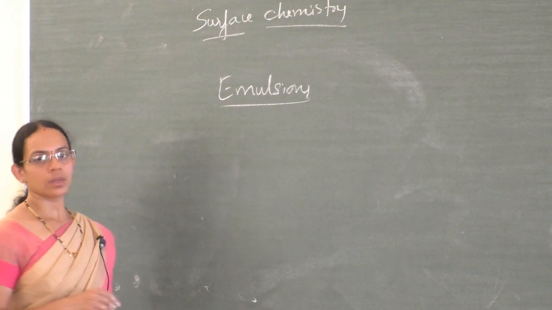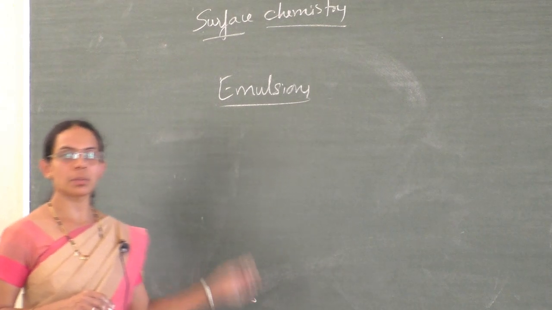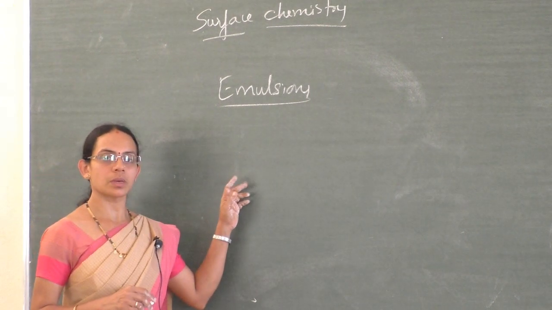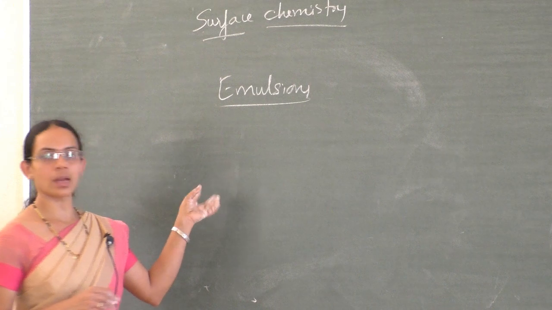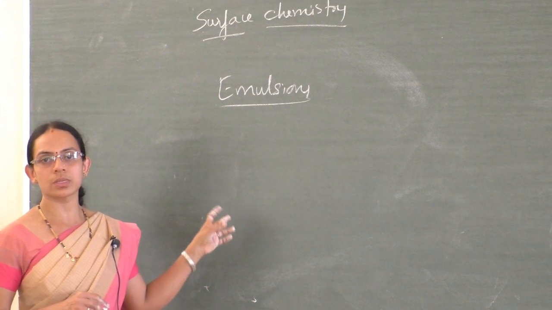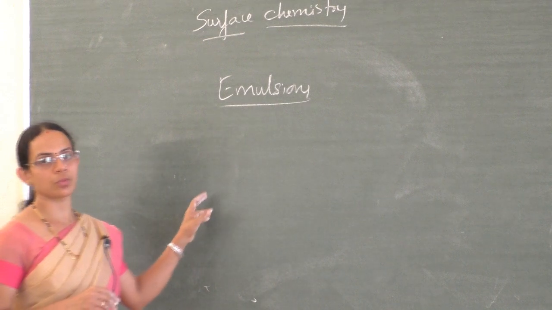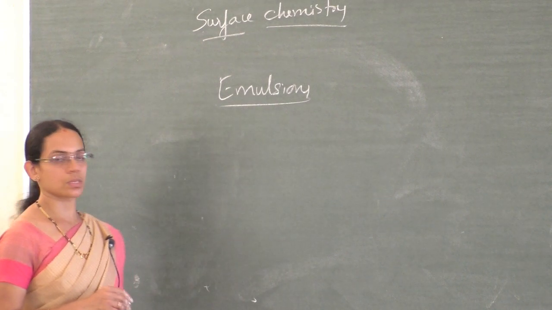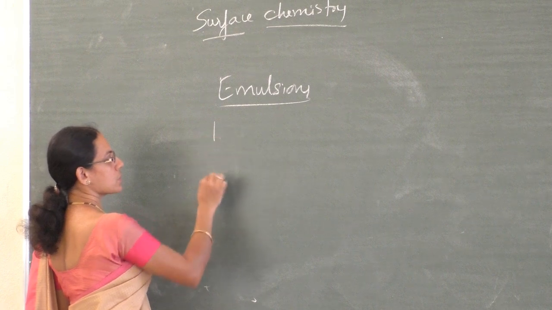Next, another important type of colloidal sol is emulsions. Emulsions means the dispersed phase and dispersion medium are both liquids. One liquid is dispersed in another liquid. That type of colloidal sol is called emulsions. There are two types of emulsions.